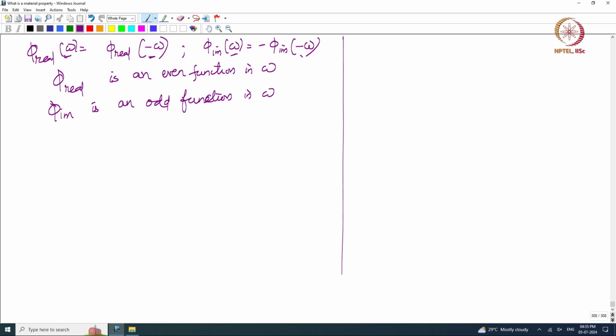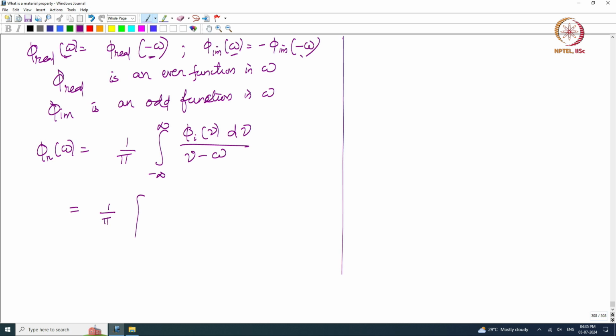Now we can actually do this integral. So let us look at what phi r of omega equals. Phi r of omega equals 1 by pi integral from minus infinity to infinity phi I of nu d nu divided by nu minus omega. Now I am just going to split it up into two integrals, and there is a principal value always, which I am going to ignore for now and put on later.